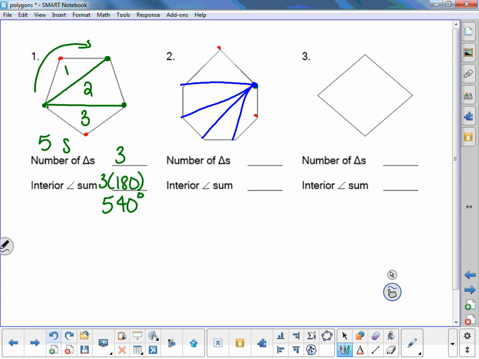So if you notice, 1, 2, 3, 4, 5. So the 7 sides, 5 triangles. 5 times 180 is equal to 720, I believe. Let me check.